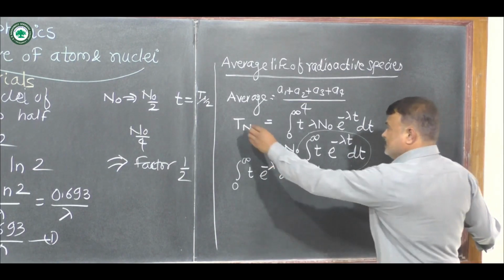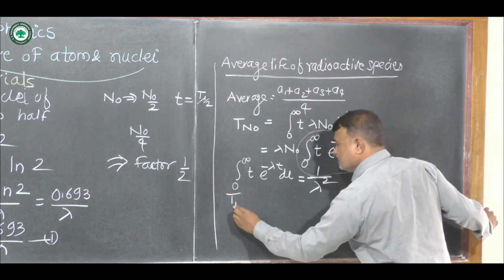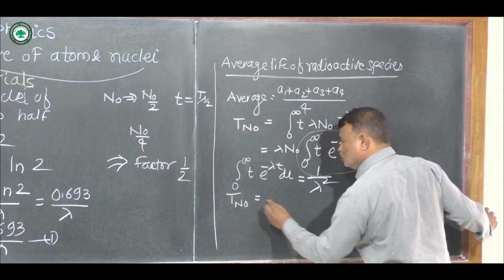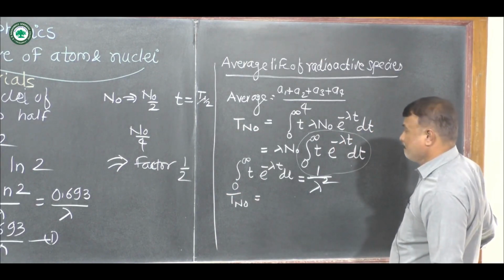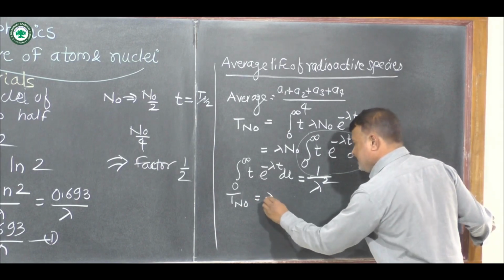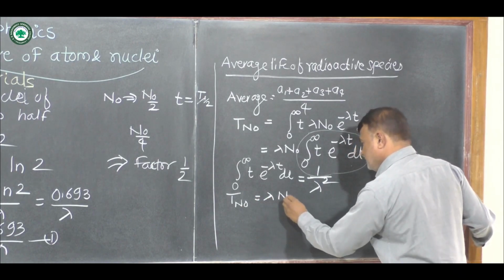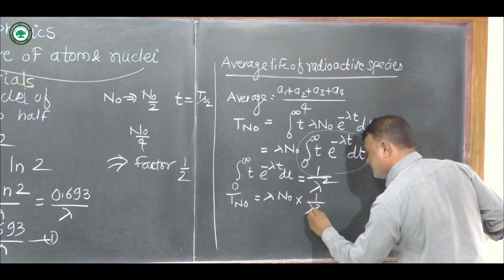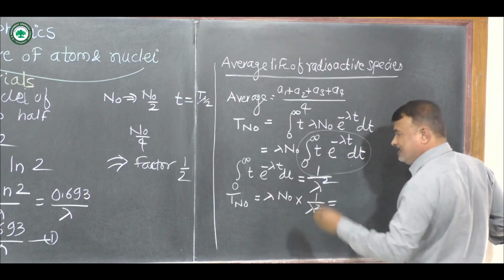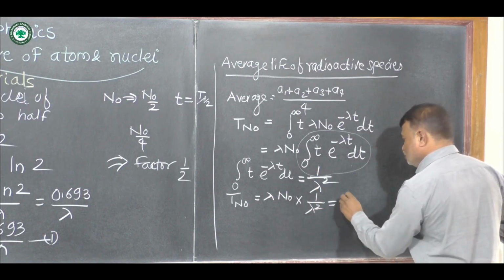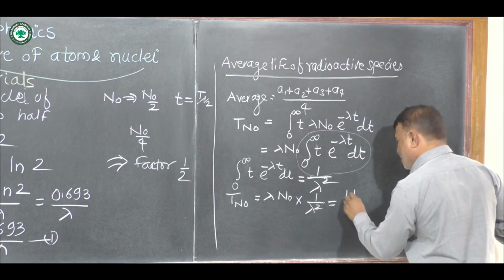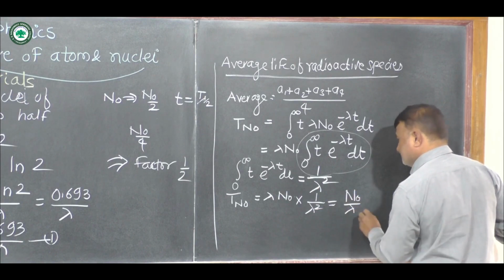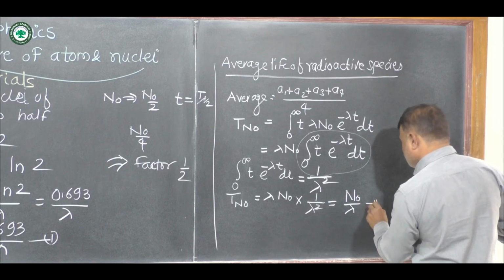Then this T naught is equal to lambda n naught into the value of this integration, 1 upon lambda square. So one lambda gets cancelled and it is equal to n naught upon lambda. So this is equation 2.